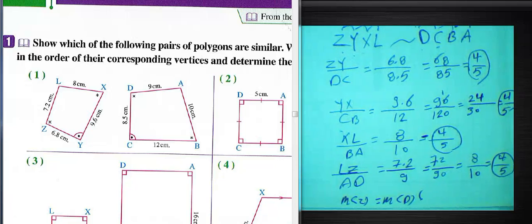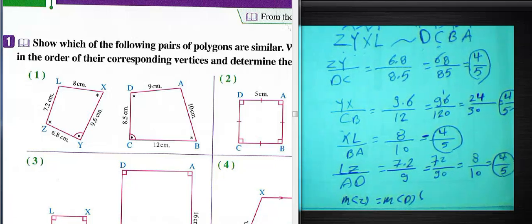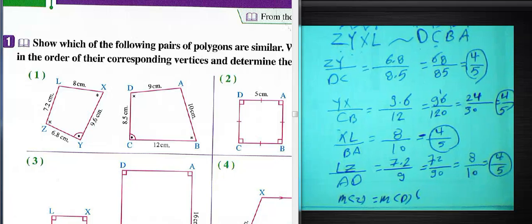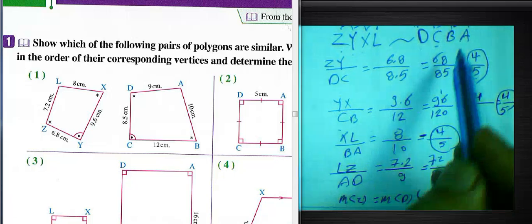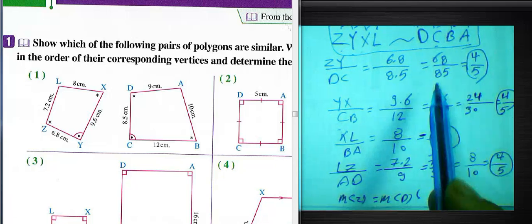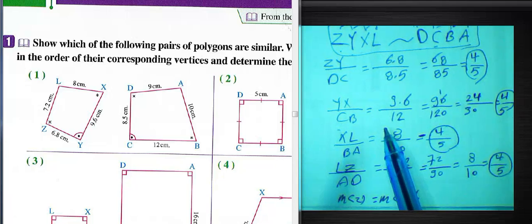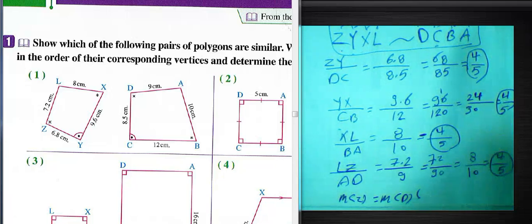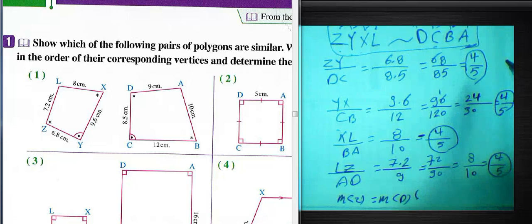So if you want to solve examples, you must do these steps. It's easy. You can write the two polygons by their corresponding angles. You must think about angles.